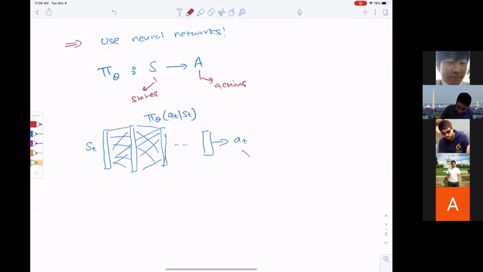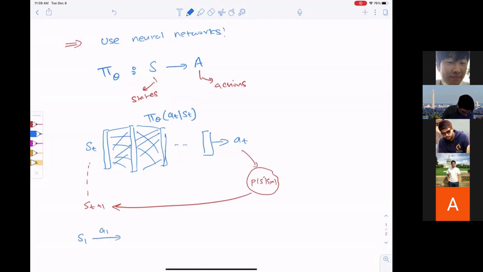Now I have this action, then it's going to go to my environment with the transition probabilities that we don't know. Then I'm going to end up in another state, t plus 1, and this loop continues. So I start, let's say, in a state s_1, I take a particular action a_1, I go to another state.